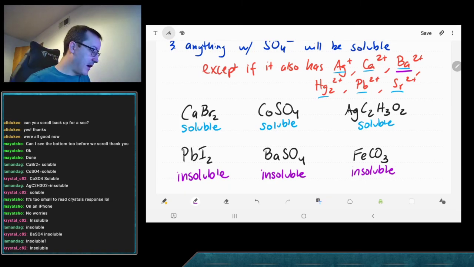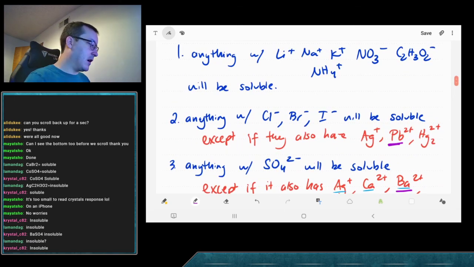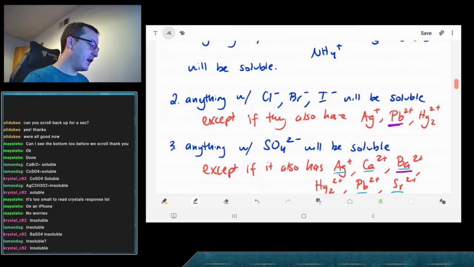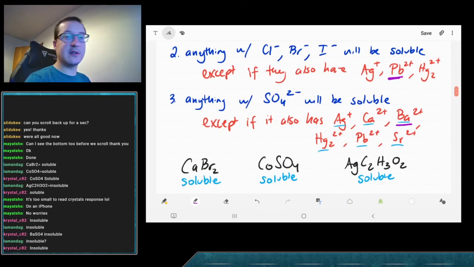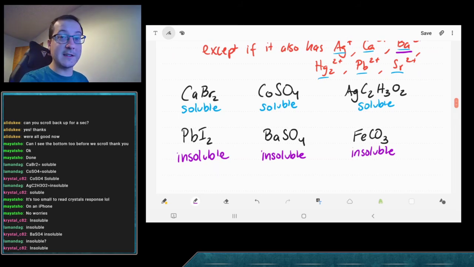And we know that because, I'm going to scroll up for a second. Here are our rules. We have alkali metals, nitrate, acetate, and ammonium. None of those are present. Things with halides, we do not have any halides in this. And things with sulfate, we do not have a sulfate. So we have no rule for this one, so we are going to say it is insoluble. So remember, these three rules will tell us when something is soluble. Anything that is not covered by the rules should be considered insoluble for this class.